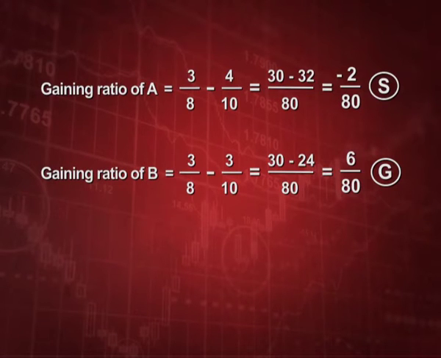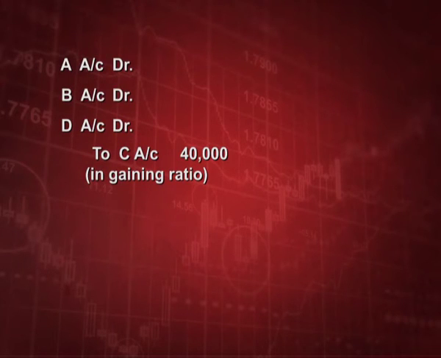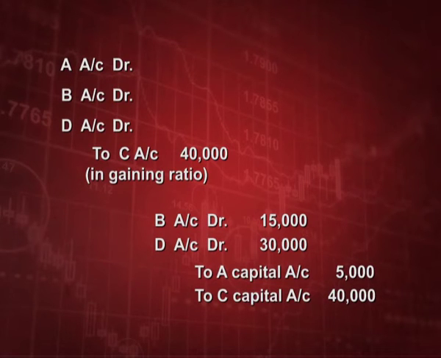Now, the gain of B comes to 6/80 and the gain of D comes to 12/80. So, the entry will change now because A has sacrificed. So, the entry will be B account debit, D account debit to A and to C. C's share we have already calculated as 40,000, and A's share is equal to what? 5,000, and it will be shared between B and D in the ratio of 1:2, that is 15,000 and 30,000 respectively.